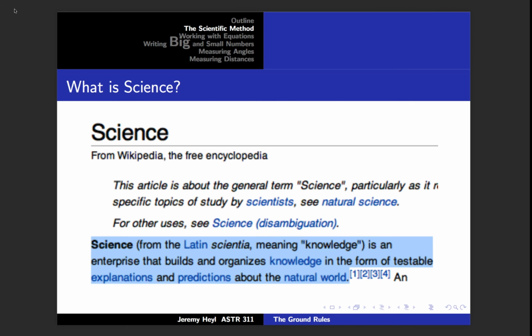But some people might argue that we're separate from that. But the basic idea is that we're trying to build knowledge, and we make explanations and predictions about the natural world. So not only are we taking observations, but we try to explain those observations, and those explanations should predict something new, right? That's the important part.